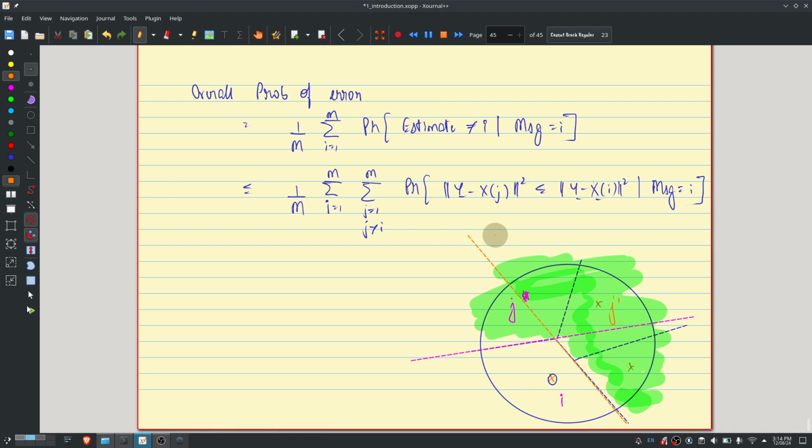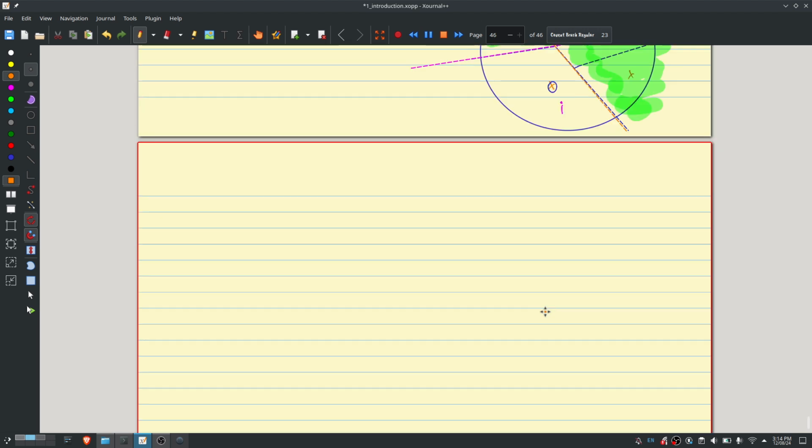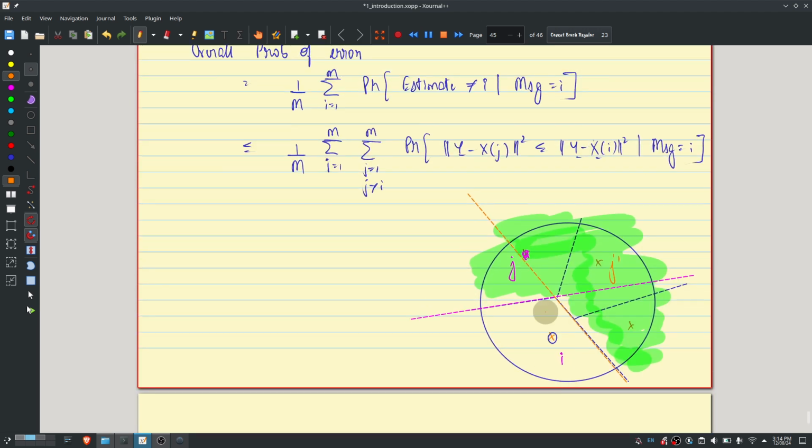Okay, but nevertheless it just makes our life simpler because now we only need to consider pairs of code words and nothing else. So in fact all that matters is just this particular pair, and that will simplify even further. Now what is y equal to? Assuming that the transmitted message was equal to I, what is y equal to?